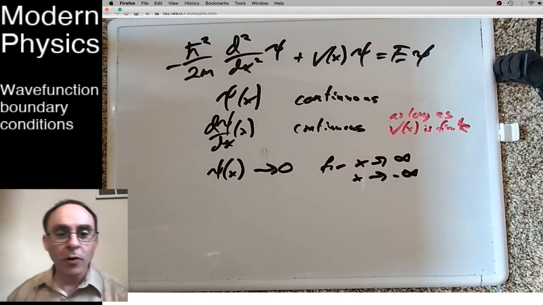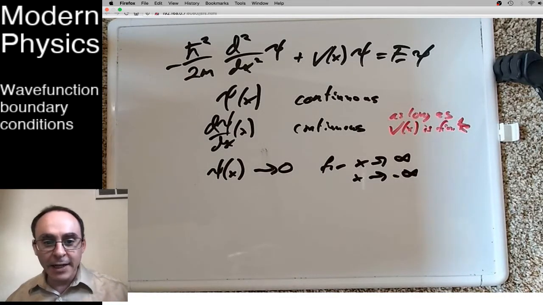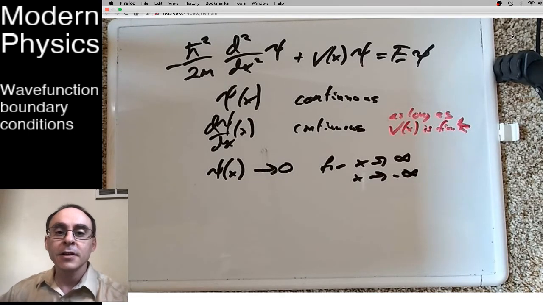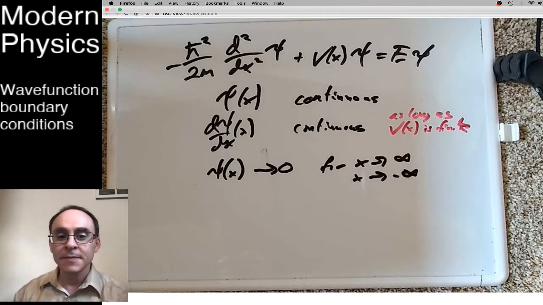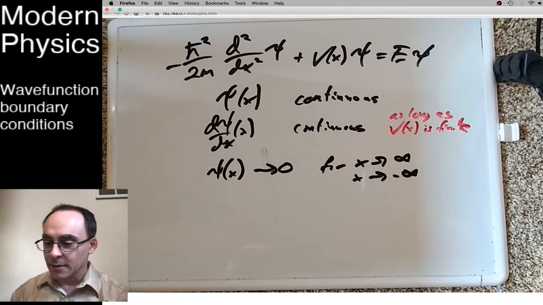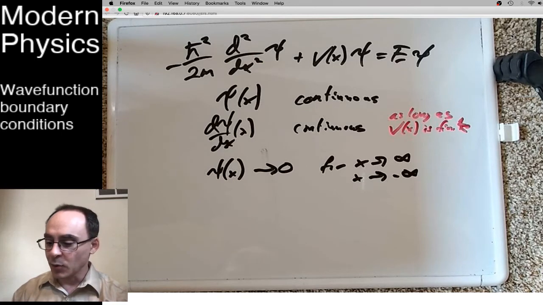It might go to 0 earlier, but we certainly don't want it to stay finite or blow up or go off into infinity as x gets very large. Because ultimately, we really want a wave function that's normalizable. Since we're interpreting it as a probability, we want to be able to integrate it. We don't want it to blow up in weird ways that make it impossible to integrate, because then we can't interpret things sensibly as a probability.